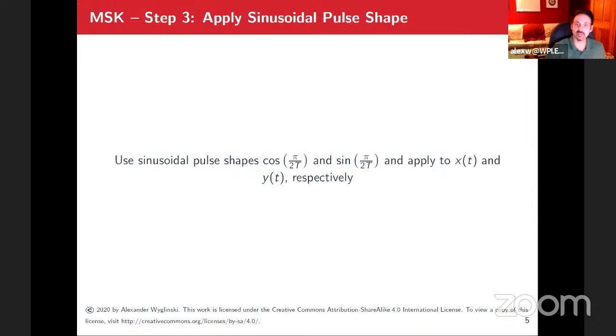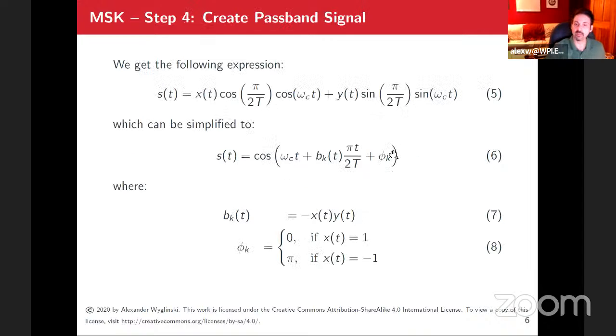So this is offset QPSK, right? And the same thing, if you look at the expression, this goes through the mathematics of exactly what's in the course textbook. So what you have is your passband, right? And here, again, you have your X and you have your Y. The representation is a little bit weird.